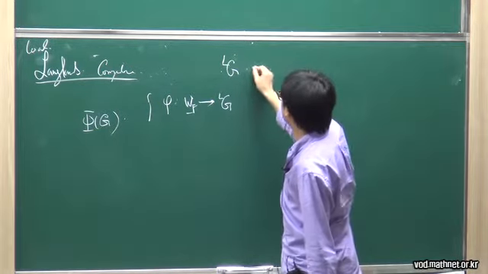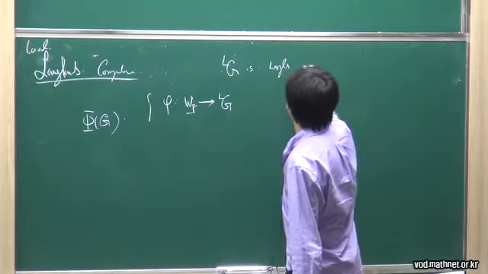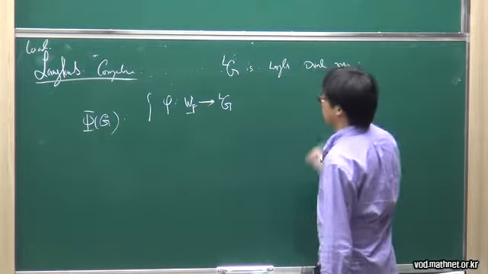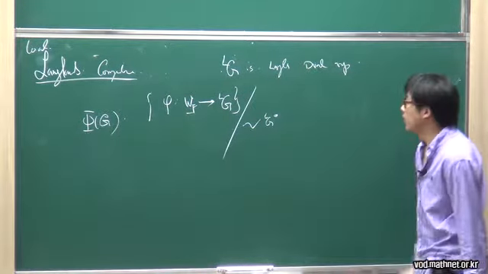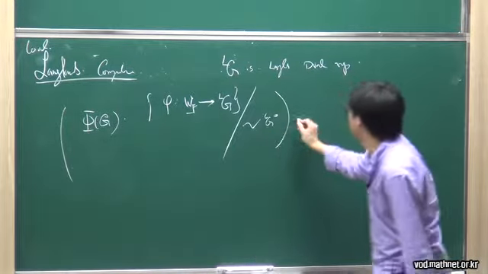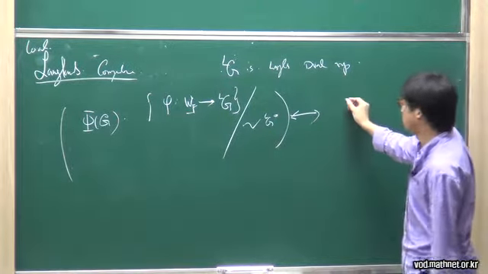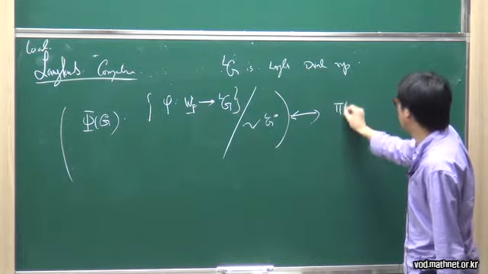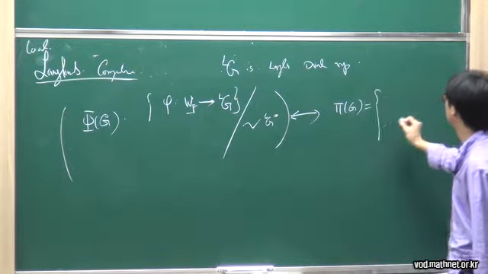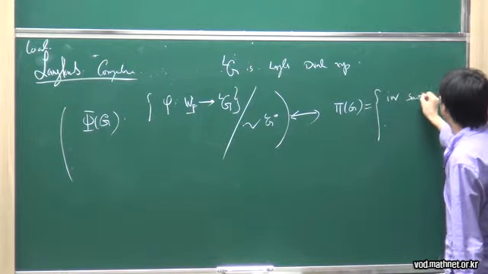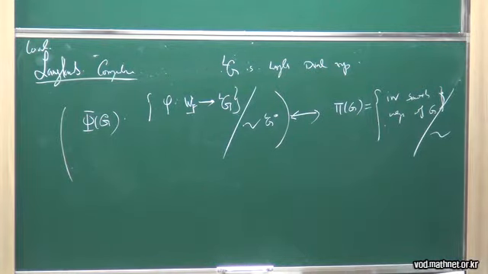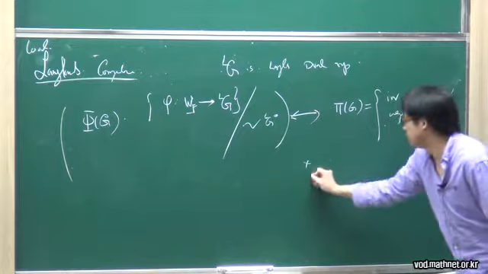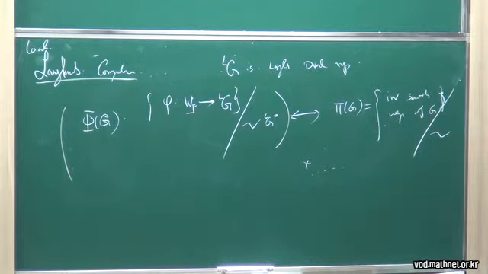LG is the Langlands dual group, up to some conjugacy classes, and this corresponds to the following object, the Pi G, the irreducible smooth representations of G up to conjugation. There are many conditions satisfied, the L-function and functoriality inside.